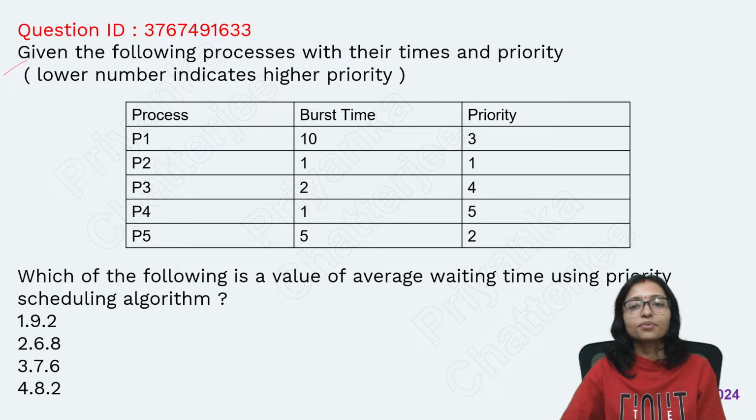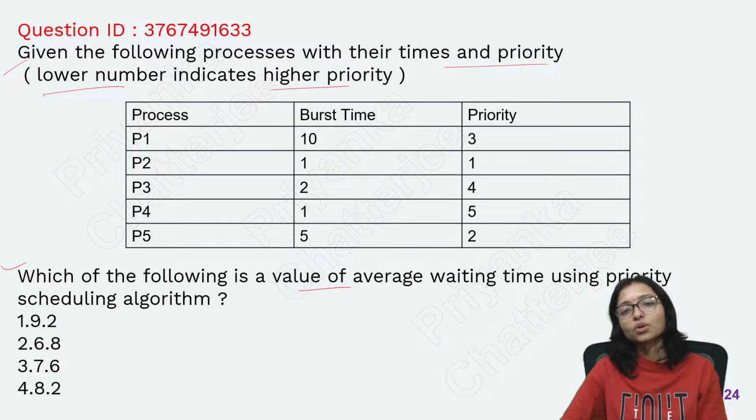Tell me, what is the answer for this? Quickly do it. Here it is given: lower number indicates the higher priority. Priority is given to you. Which of the following is the value of average waiting time using priority scheduling?